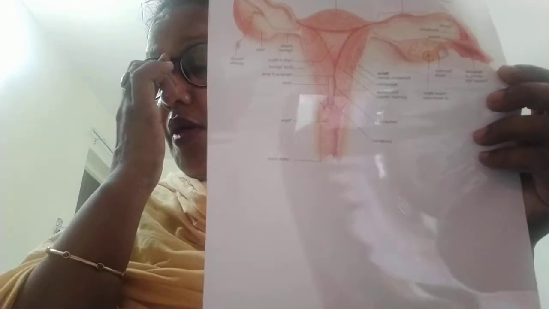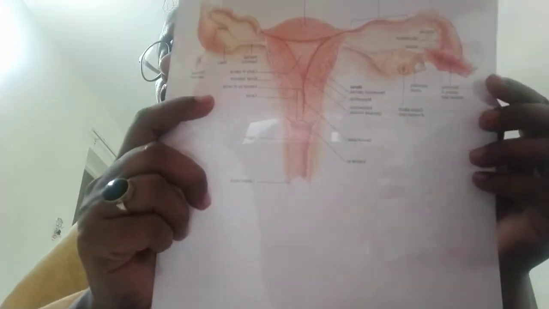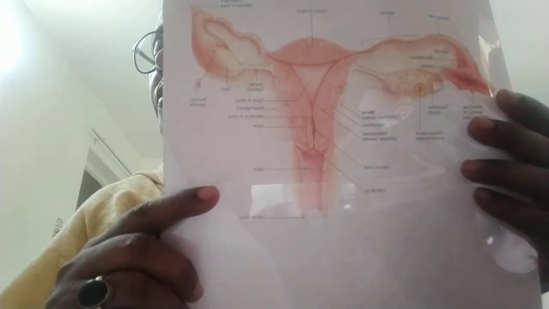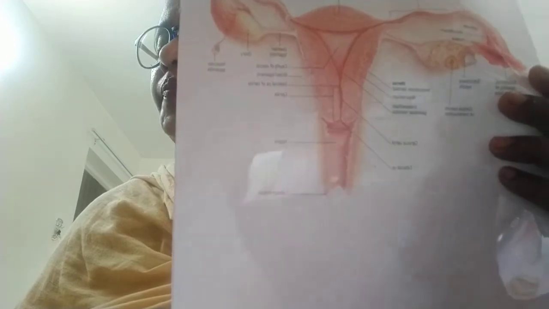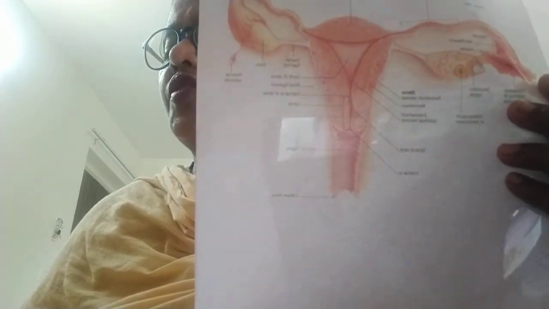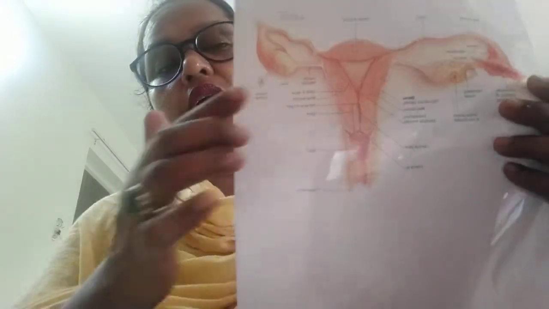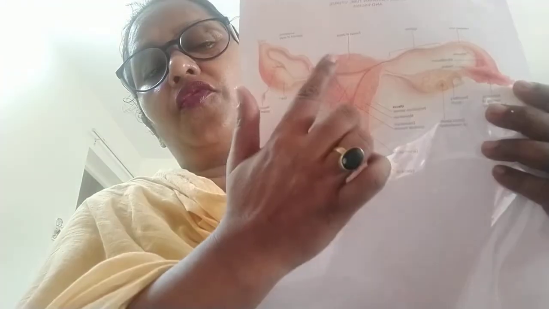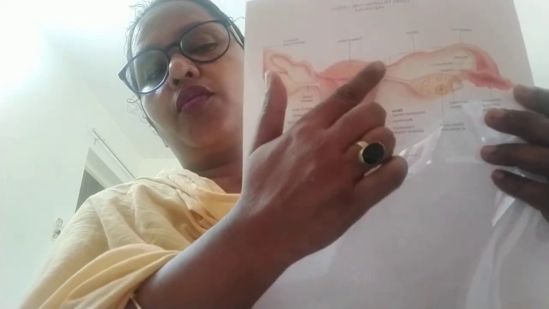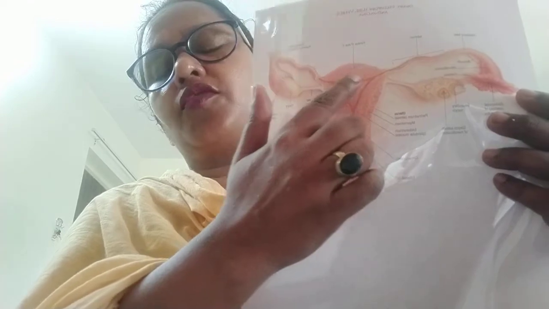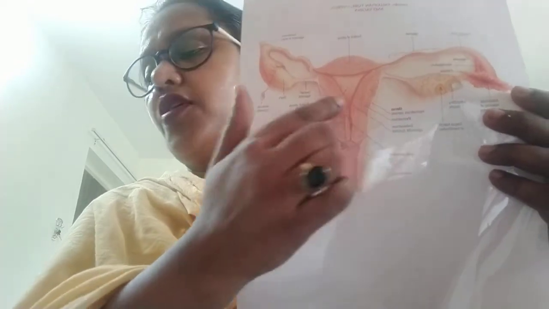So we will see one by one, starting with the body of the uterus, the corpus. This is the broader upper 5 centimeter portion of the uterus. The body is further divided into the fundus and the body proper. This protruded part is the fundus of the uterus.